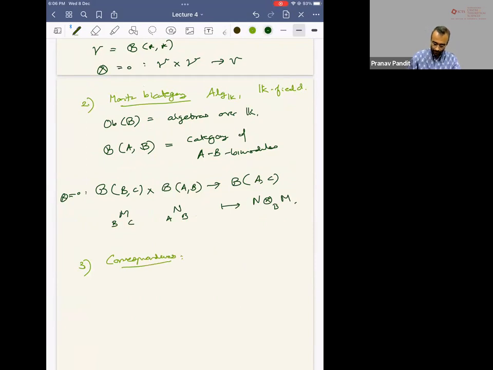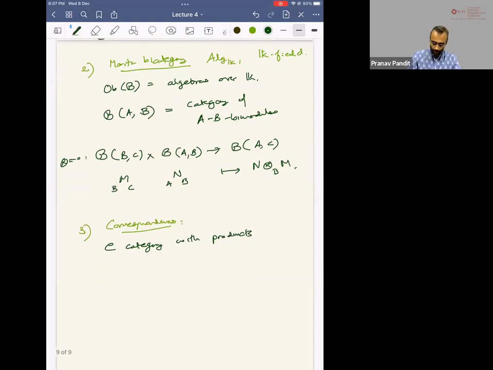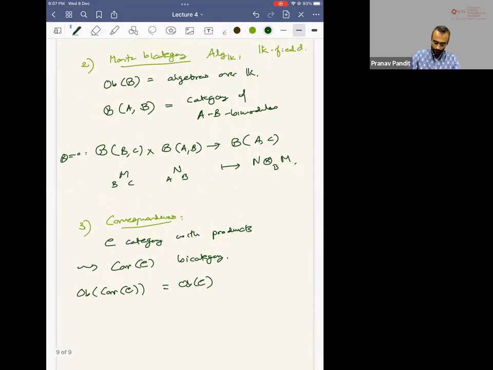So if C is a category with fiber products, then this gives rise to the bicategory of correspondences in C. The objects of correspondences of C are the objects of C, and the Hom from X to Y is maps Z to X cross Y. In other words, you can think of it as a kind of roof sitting over X and Y.